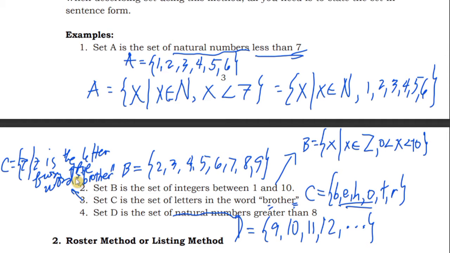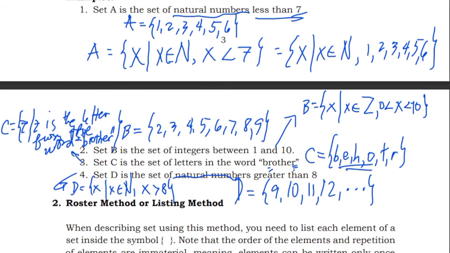That's it. Then for number 4, we have set D is the set of natural numbers. So x is an element of natural numbers greater than 8. So greater than 8. That's it. That is how we write everything that we have.